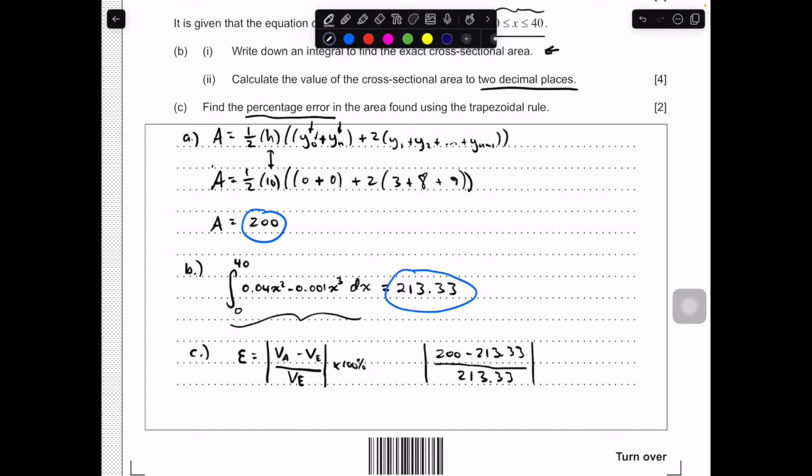So 200 minus 213.33 divided by 213.33. This gives us, and then multiplying, of course, by 100%, this would give us 6.248 or 6.25%. So since it's a percentage error, we want to find this, multiply it by 100, and then it will give us a final percent.